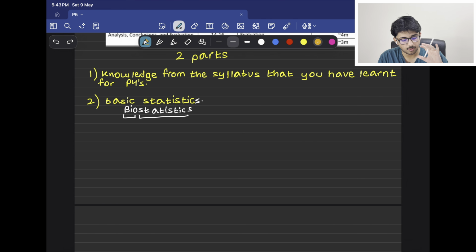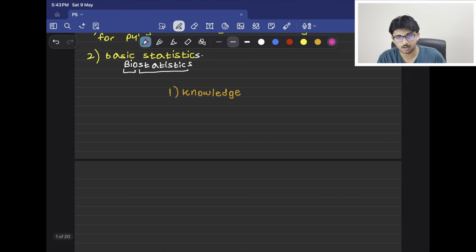Right. So let's talk about the first part and then we'll move on to the second part. So basically, right now, what we're going to cover is the knowledge part. How do you know what part of the P4 syllabus you're going to have to revise for this exam? So let me tell you, the first chapter, or you could say the only chapter which you have to revise is chapter 18.